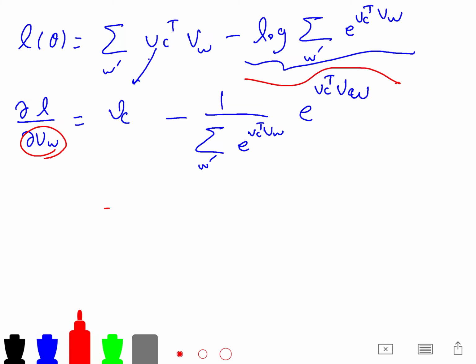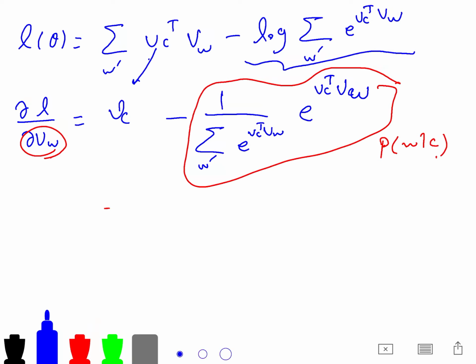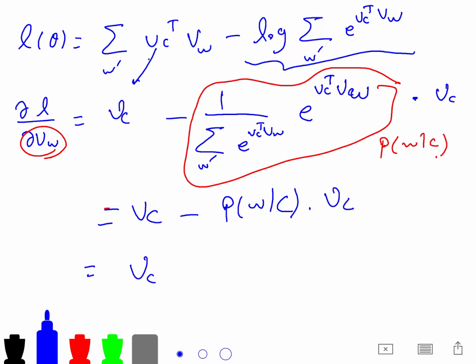And look, we've just got the probability of the word given the context, of course, times VC. So if you simplify this, it becomes VC minus the probability of the word given the context times VC, which simplifies to VC times 1 minus the probability of W given the context.